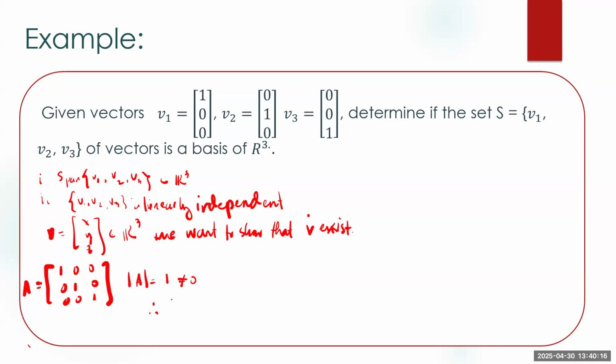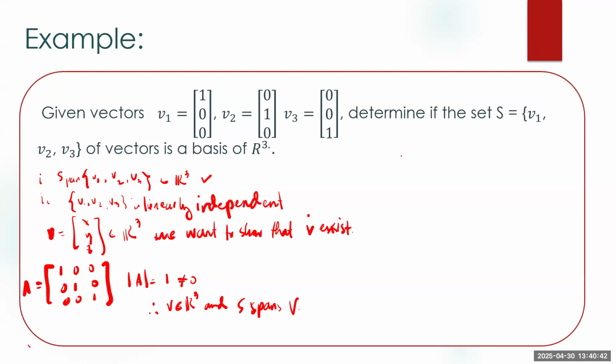Therefore, this V exists, is in R3, and S spans our vector space V. Okay, so the first property is satisfied.